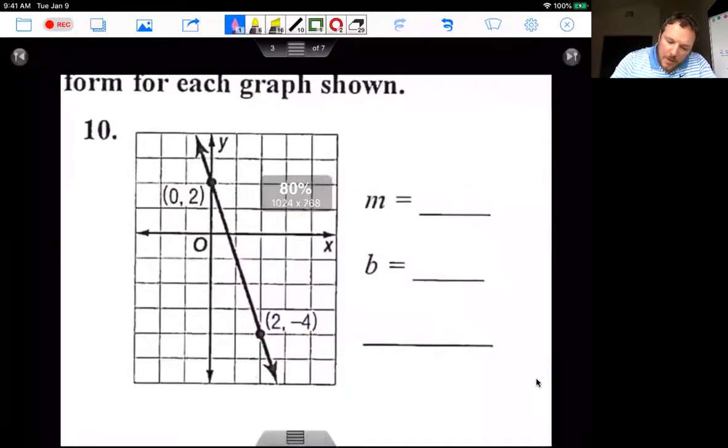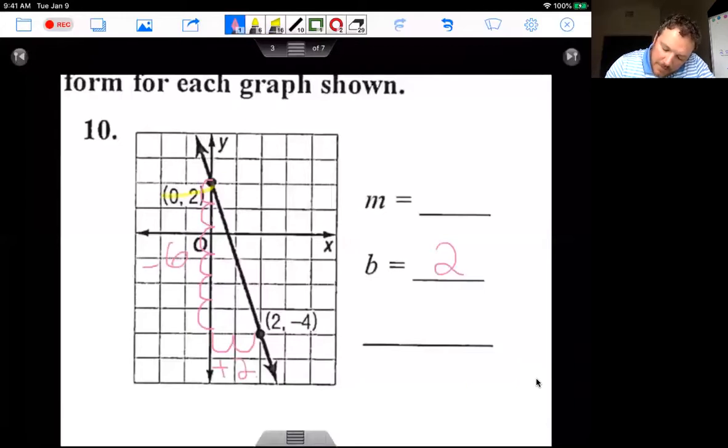10. So again, my y-intercept is given right there, which is nice. Got that. So b is 2. So to get my slope, I'm going to count it out. So up and down we do first. It's on top. So I'm going to go down 1, 2, 3, 4, 5, 6. Since I'm down, that's negative 6. And then I'm right 2. 1, 2, plus 2.